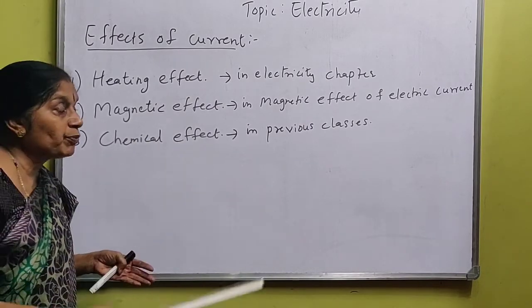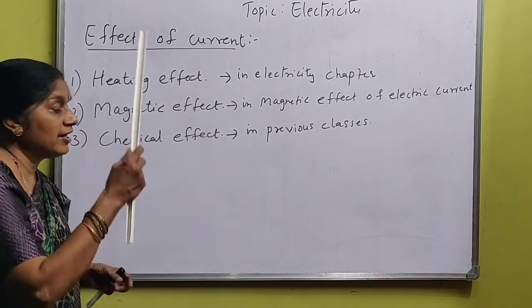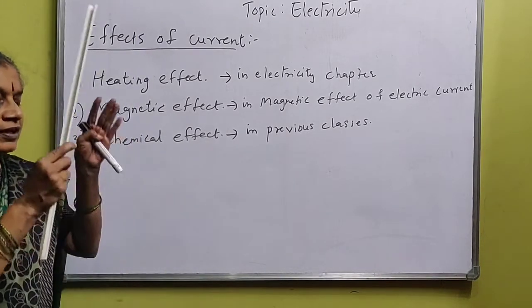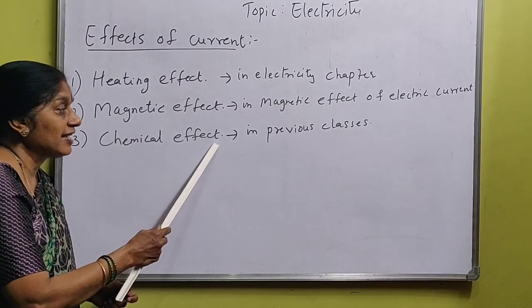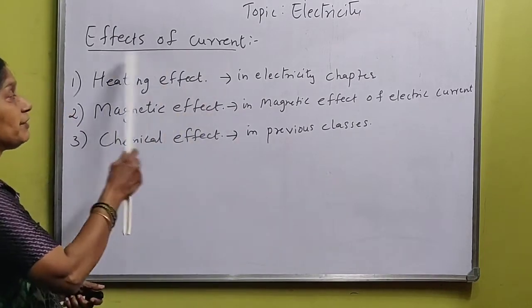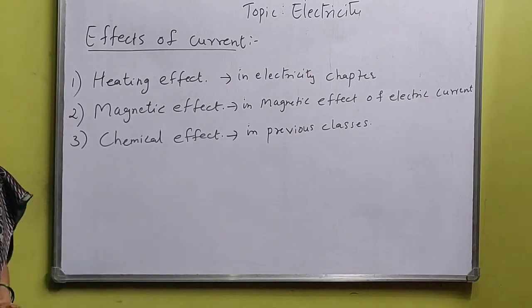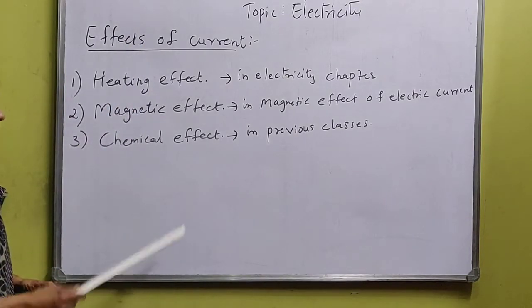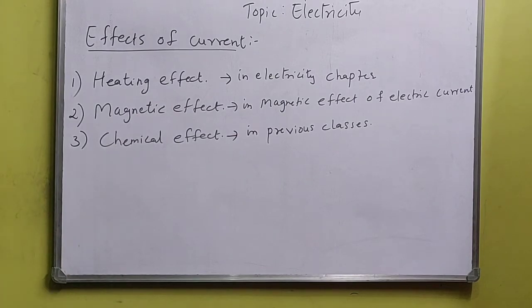They are able to produce the current, and when the source of current passes through them, the chemical effect takes place and converts the chemical energy into electric current, which we can say is the chemical effect of electric current. These three effects are there, but we are going to study now the heating effect of electric current.